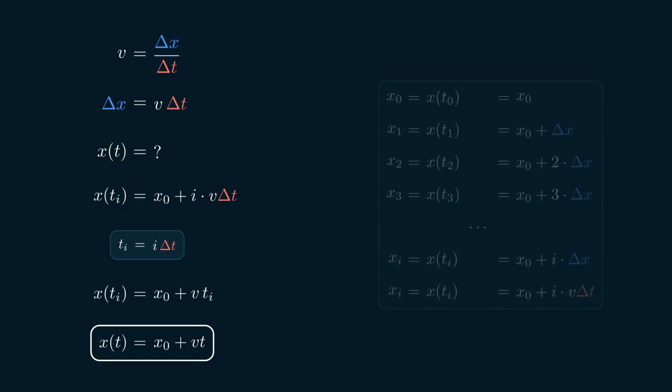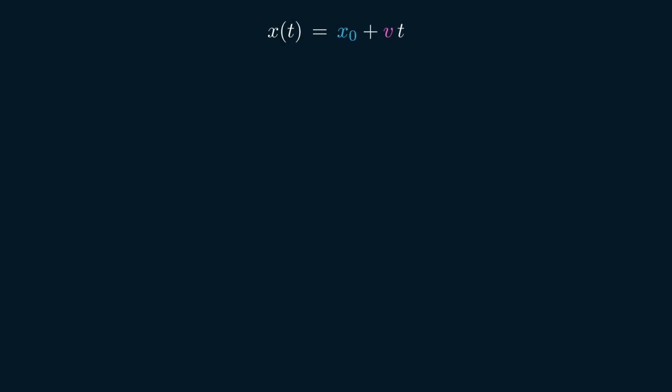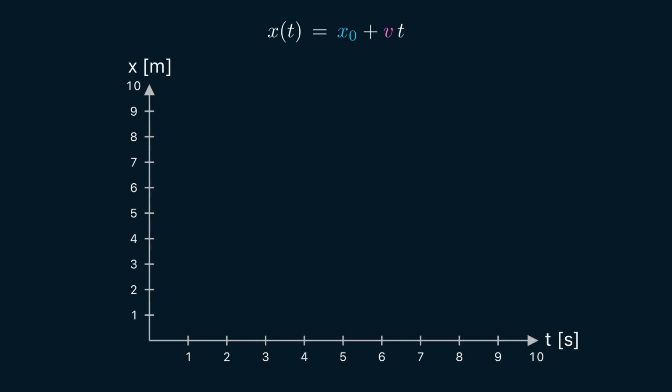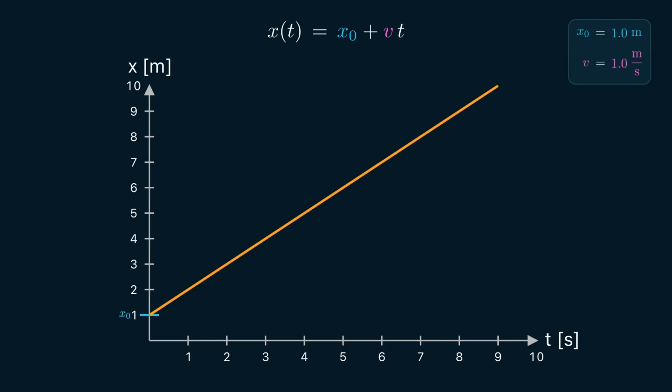Since the position-time equation gives the position as a function of time, it makes sense to plot this function in a position-time graph. At t equals 0, the object is at x0. This is its starting position. And then the function increases linearly with time. The function currently shown is obtained when the starting position is x0 equals 1 meter and the velocity v is 1 meter per second.